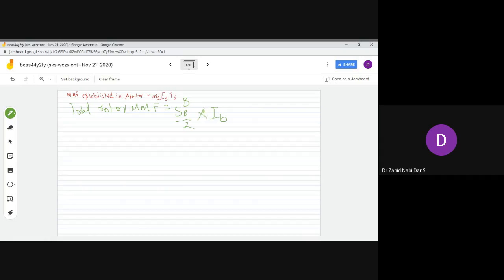One more thing, as far as the MMF of the rotor is concerned: the MMF entering the stator has a certain relationship with the MMF in the rotor. That relationship is the efficiency of an induction machine, which is usually around 80 to 85%. The input side is the stator MMF and the output side is the rotor MMF.